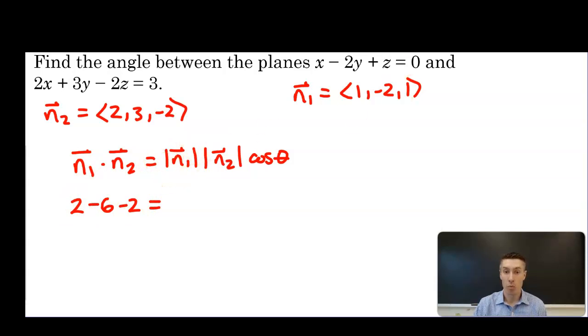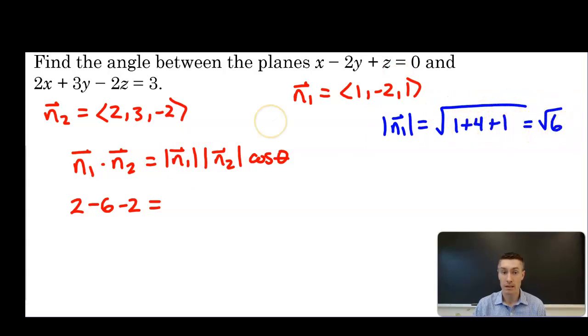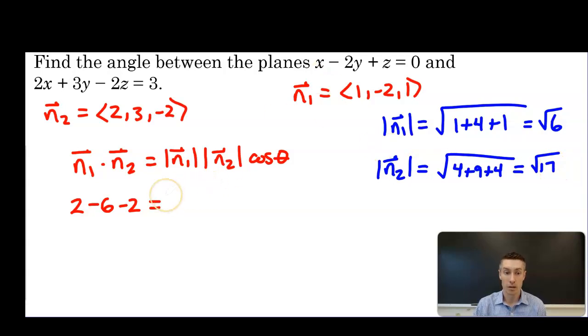Magnitude of n1, so let's see, magnitude of n1, square root of 1 plus 4 plus 1, so square root of 6. Magnitude of n2, square root of 4 plus 9 plus 4, so square root of 17. So square root of 6 times the square root of 17, cosine of theta.